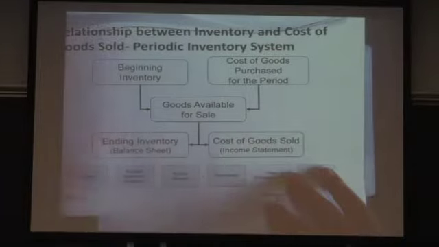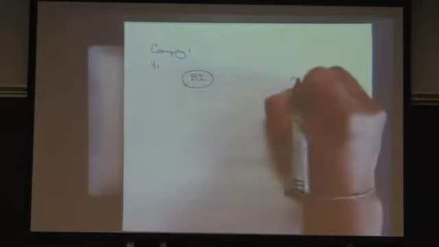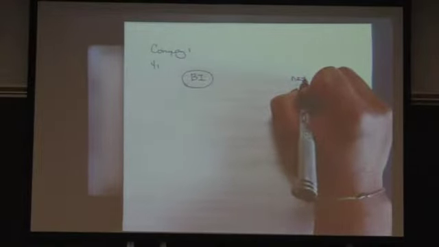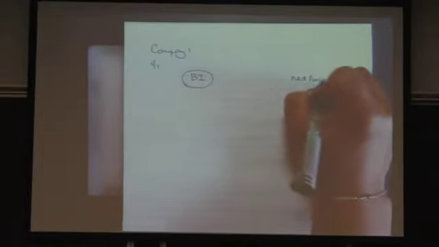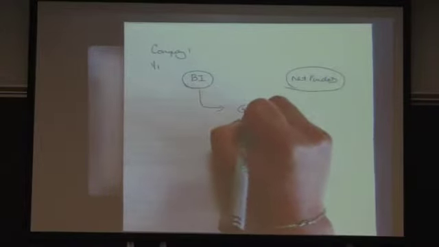So having understood the relationship, we can probably answer this question. So let's take a look at company number 1. What I like to do is duplicate this chart. So for company number 1, for year 1, we're going to have beginning inventory plus net purchases, which gives us goods available for sale.